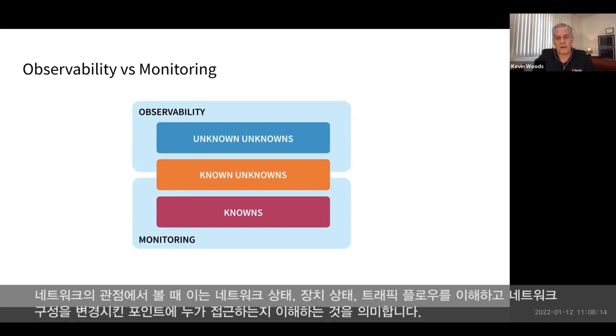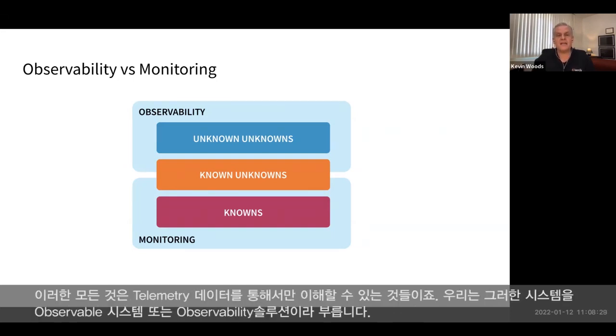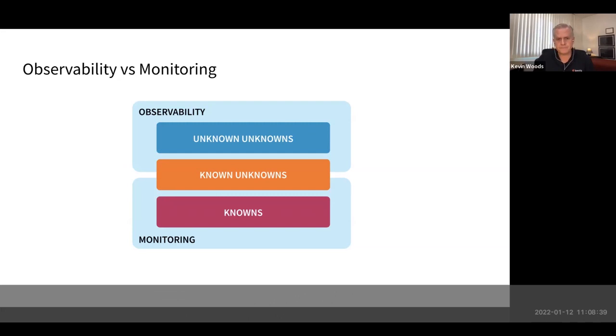And so, for a network, that would mean understanding network states, device status, traffic flows, who's accessing the network, events that change the network configuration, all of those sorts of things that you would be able to understand just from telemetry data. And so we call a system like that observable, or that it's an observability solution.